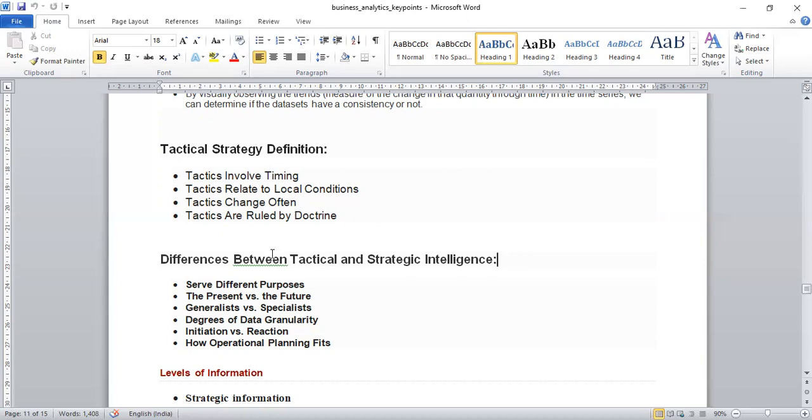Here, in tactical, obviously tactics come first into your mind. Tactics and time are related with each other, because at what point of time which tactic needs to be adopted for effective use to meet your purpose, that is important.